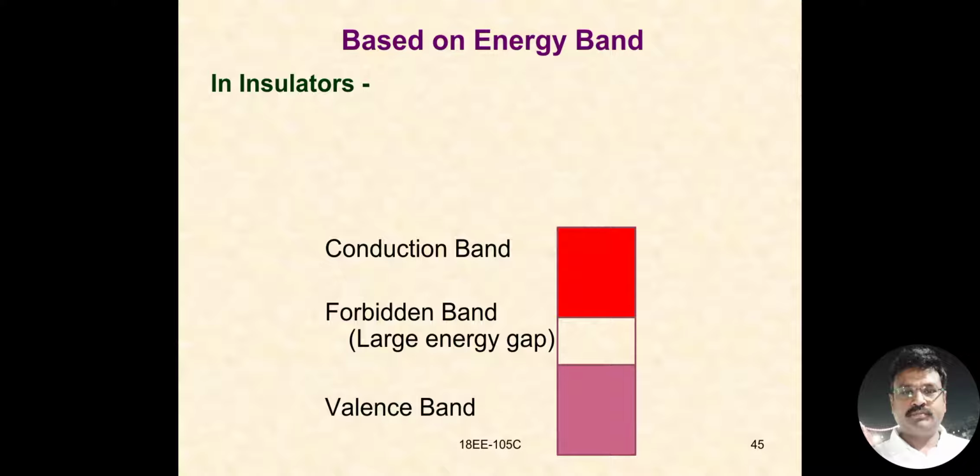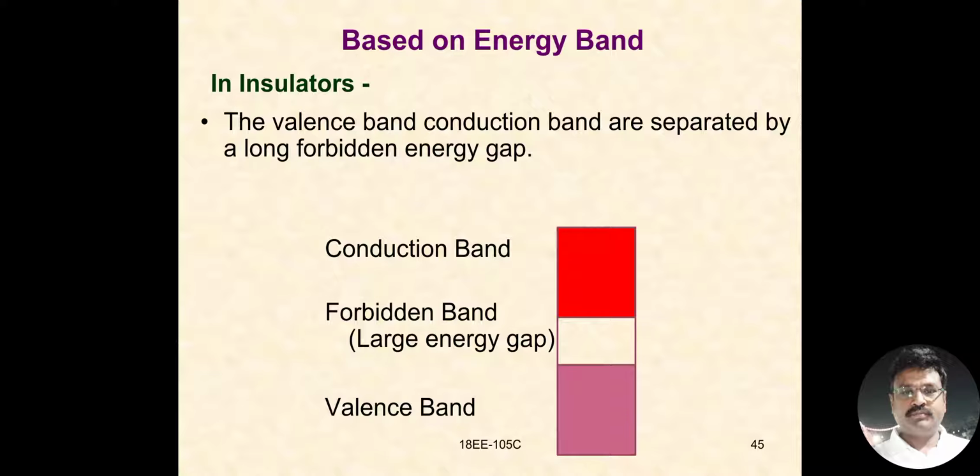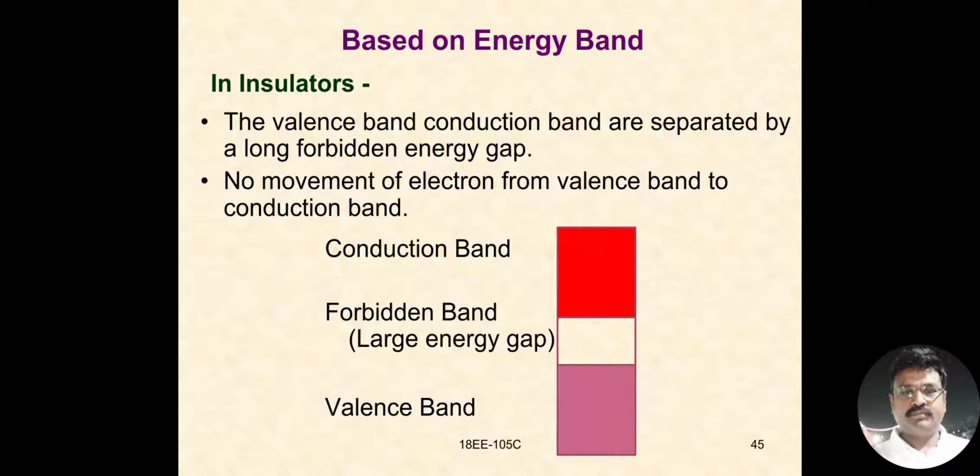So there is no free movement of electrons from valency band to conduction band. In insulators, no movement of electrons takes place as there is a large gap.